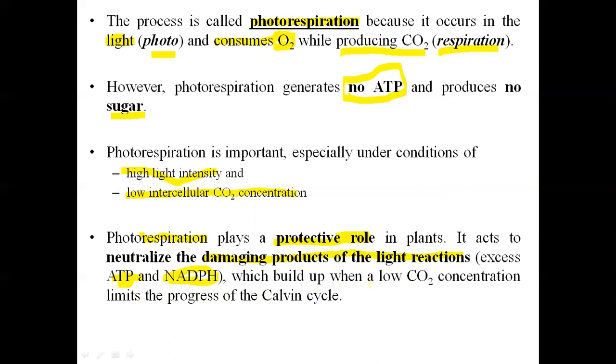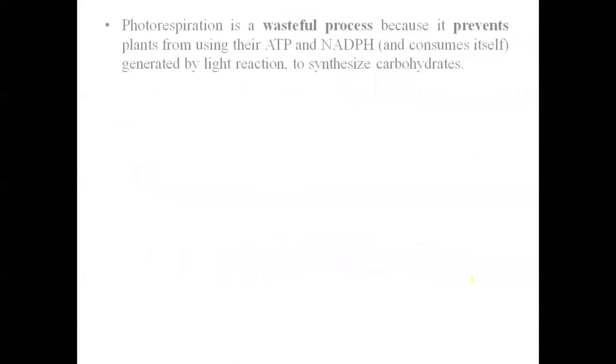So it occurs when there is low carbon dioxide concentration, and the Calvin cycle progress is limited during that time. On the other hand, it has some benefits, that it protects the leaves from the damaging effects of the ATP and NADPH, but it is also considered a wasteful process. Why is it considered a wasteful process?